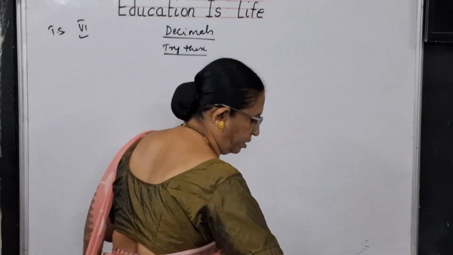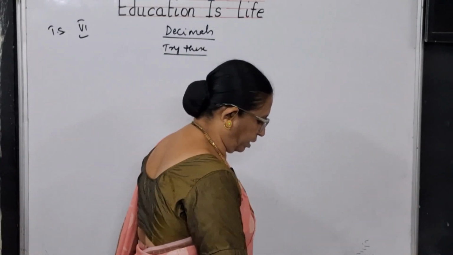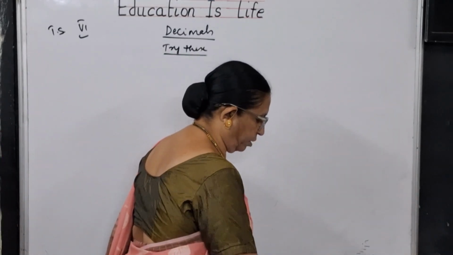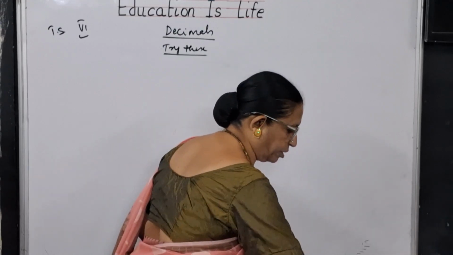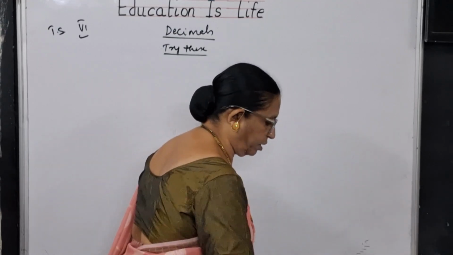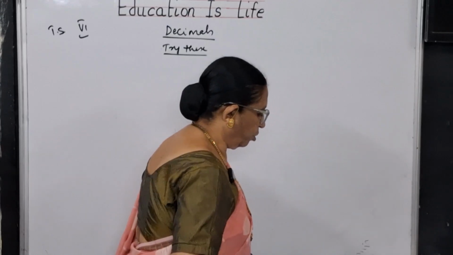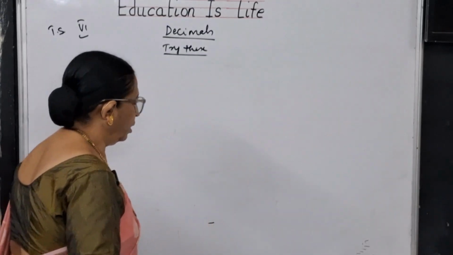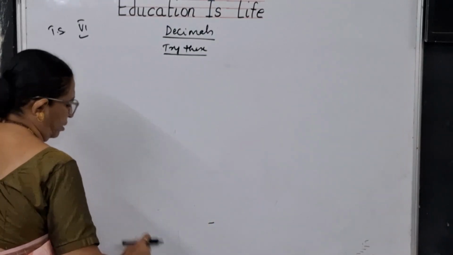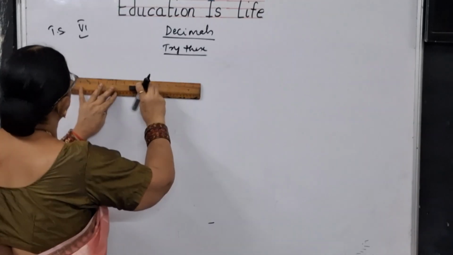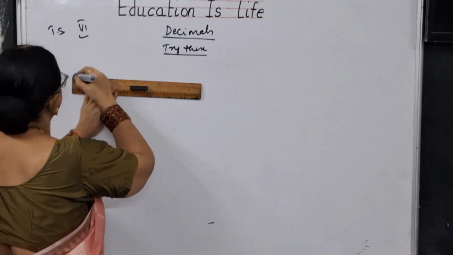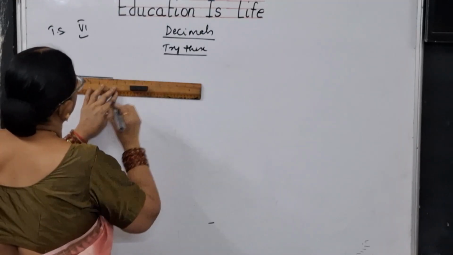The other bit is about finding the measures by using scale, children. That you have to do because I cannot explain it in that way. How many centimeters are there, how many meters. Just as an example, let me take a scale here and draw a line segment from 0 to this.